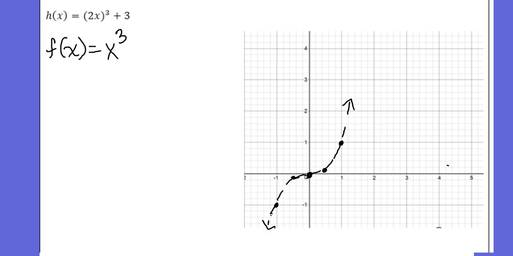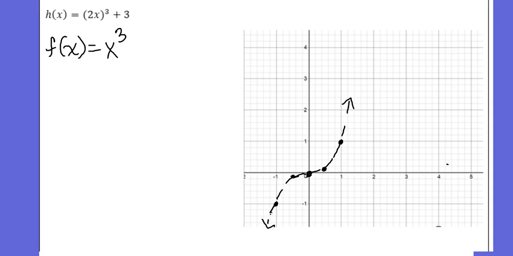So now let's start to transform the parent function. So next we are going to work inside the grouping symbol. So we're going to graph f of x is equal to quantity 2x cubed. So, yikes. What does that tell me? Horizontal action. It's a horizontal action for sure because it's in the grouping symbol.